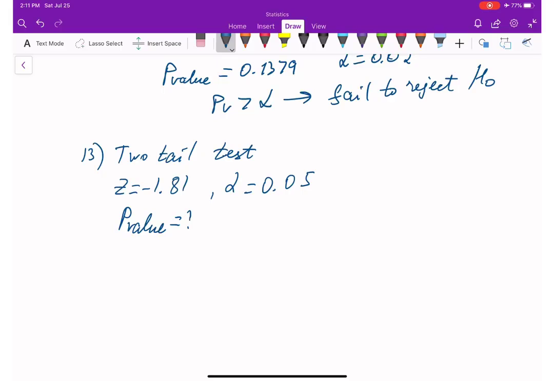Because we have a two-tail test, we need to find out if the test is to the right or to the left from the center. Well, let's figure it out. Our z-score is negative, right? That means the given one is a left one, correct?